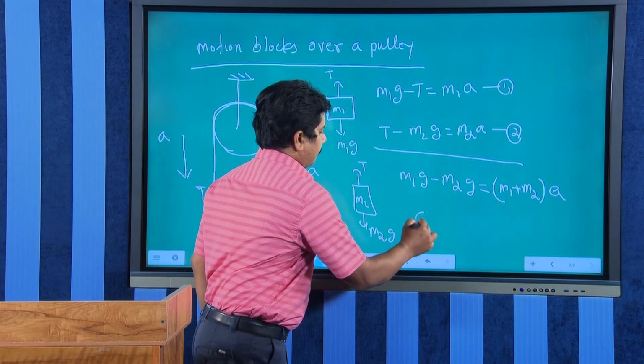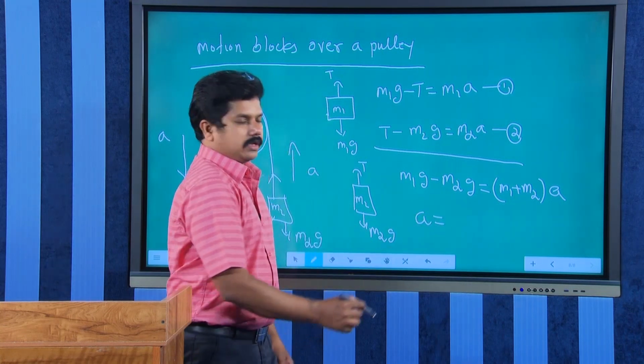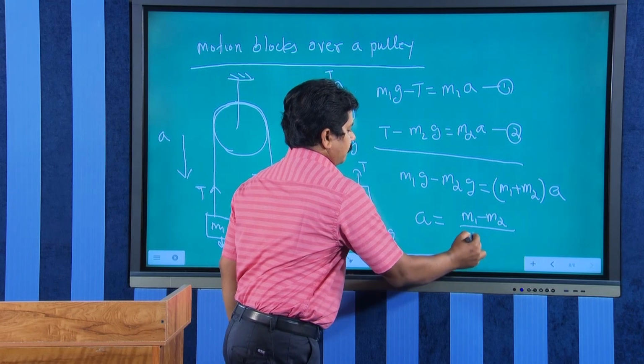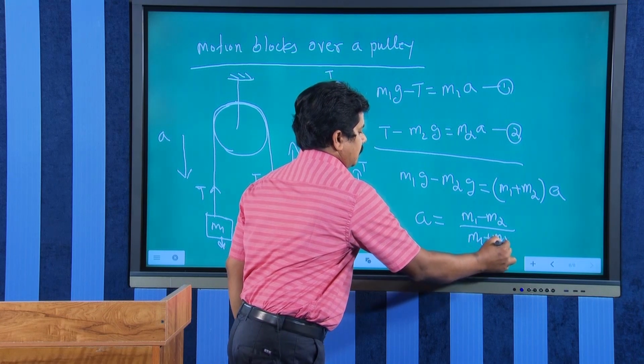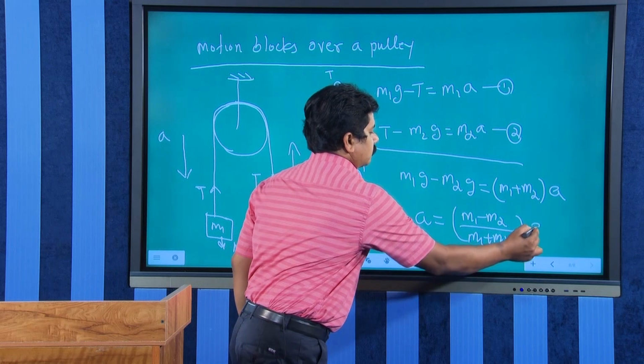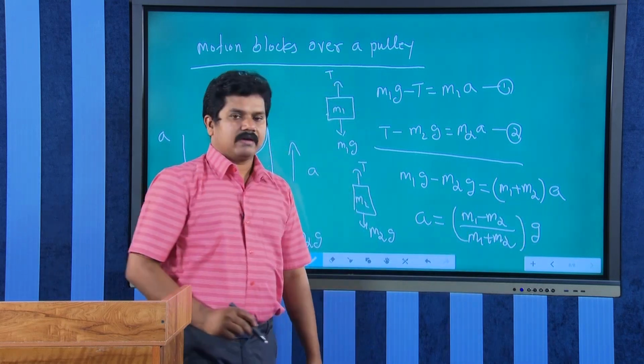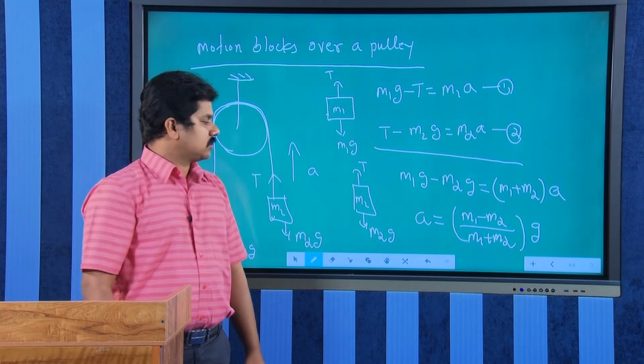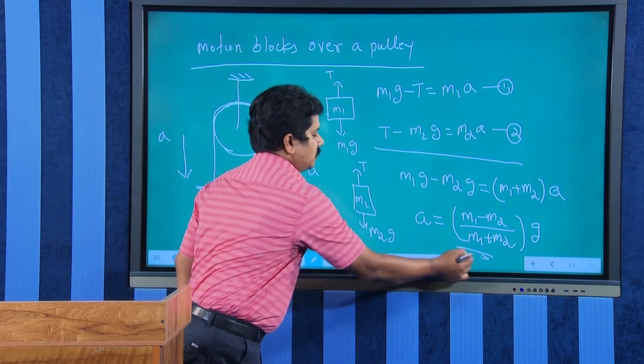So, what is a? a equal to m1 minus m2 by m1 plus m2 into g. So, this will be the acceleration of these two blocks.